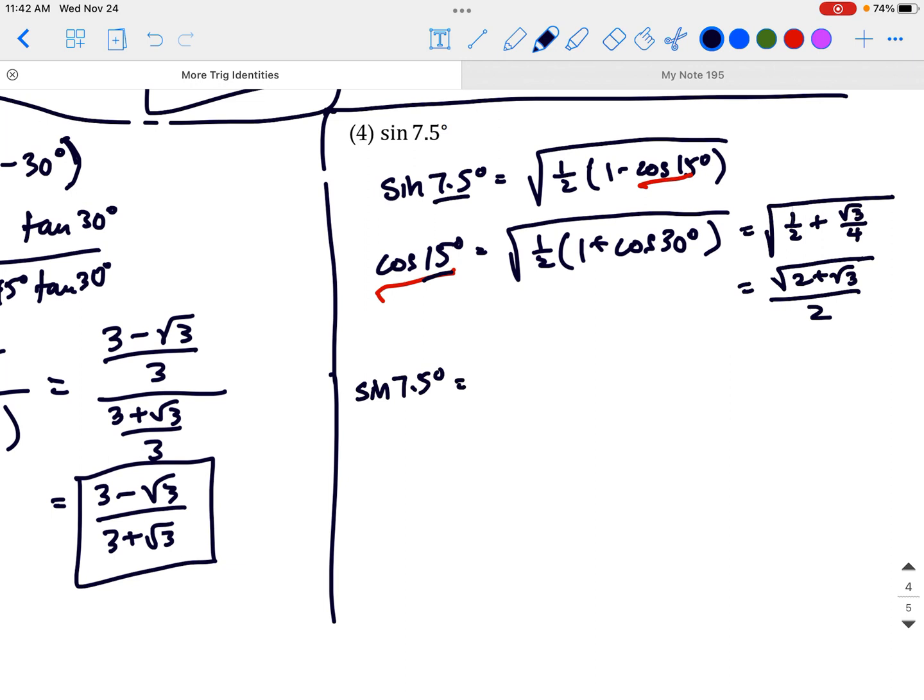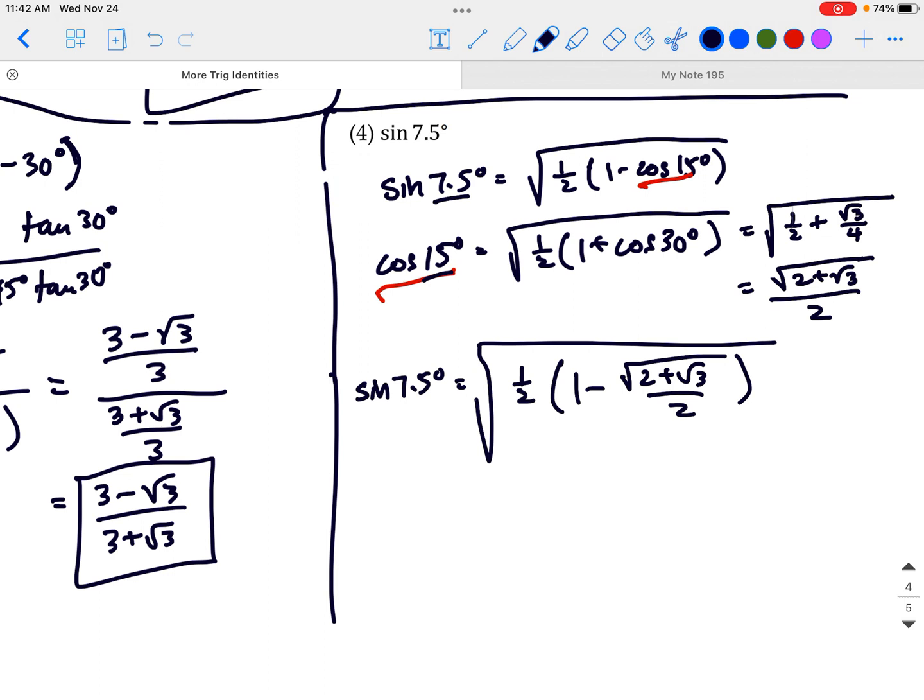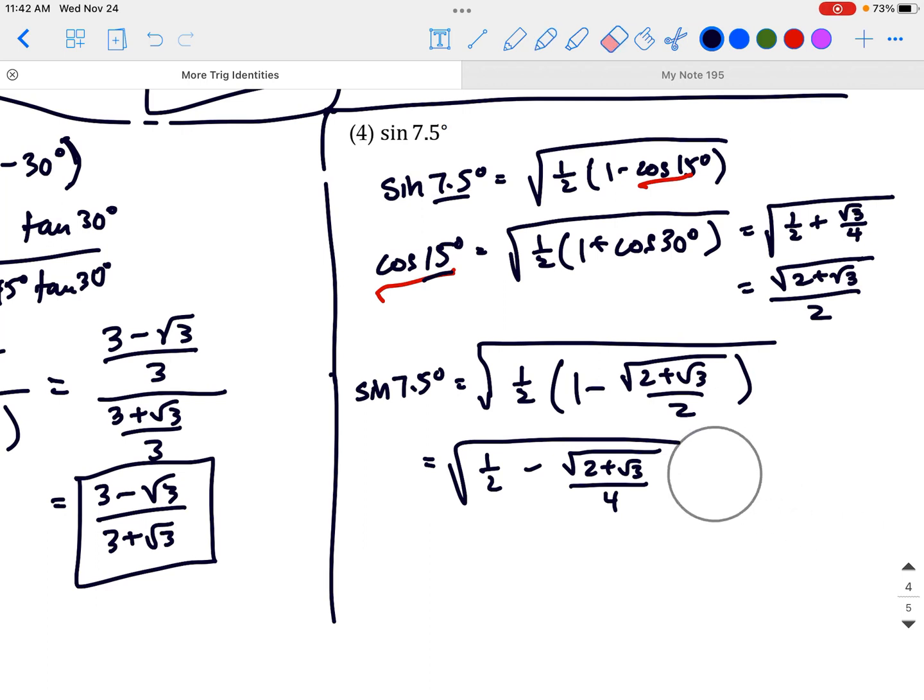So now we can go back to sine of 7.5. So we're going to have the square root of 1/2 times 1 minus radical 2 plus radical 3 over 2. And so that's going to equal the square root of 1/2 minus radical 2 plus radical 3 over 4, which then we can make this 2 over 4.